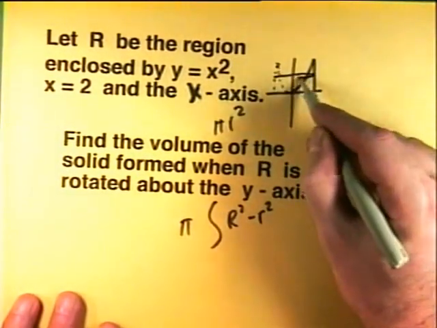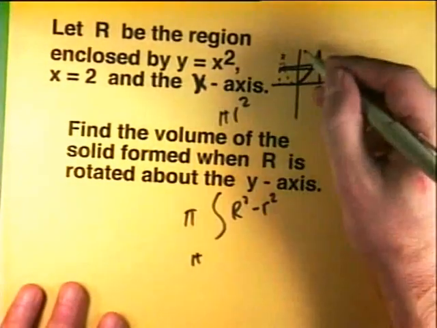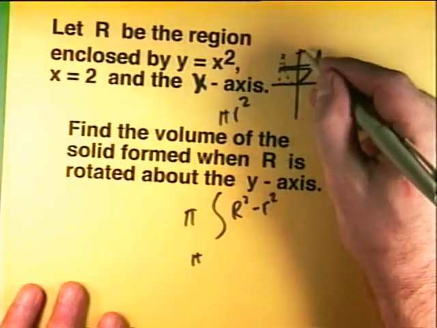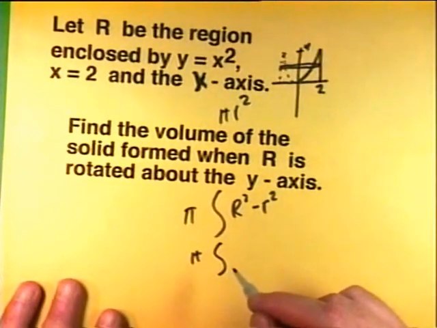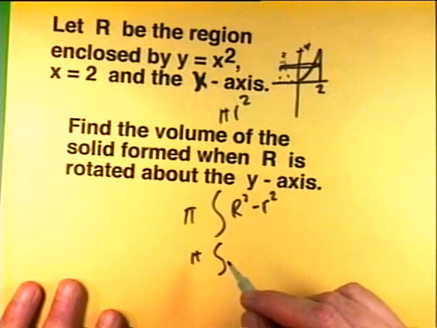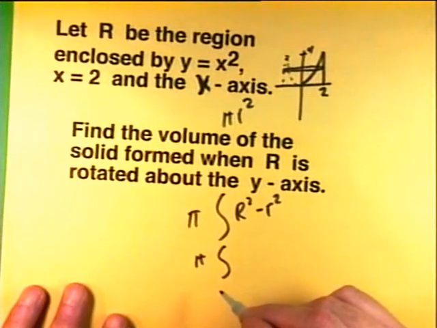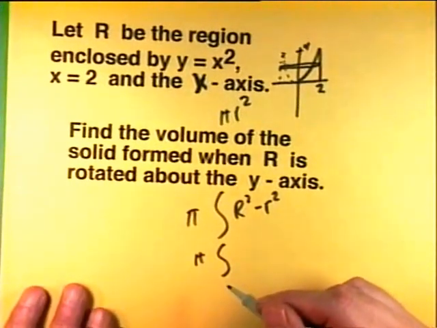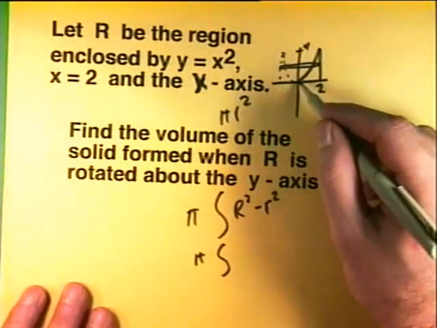So first of all, what am I going to integrate from what to what? 0 to 2. No, around the y-axis. 0 to 2 or 0 to 4? Now that you put a 4 up there, 0 to 4. Are you sure? Yeah. Why? Because you are integrating from the top to the bottom. That's right.